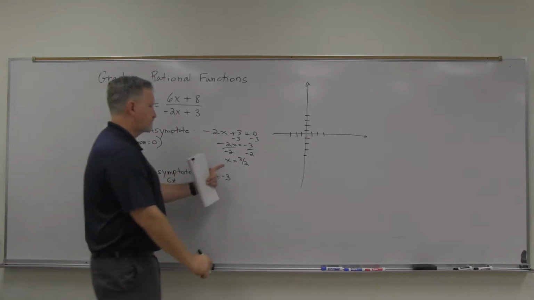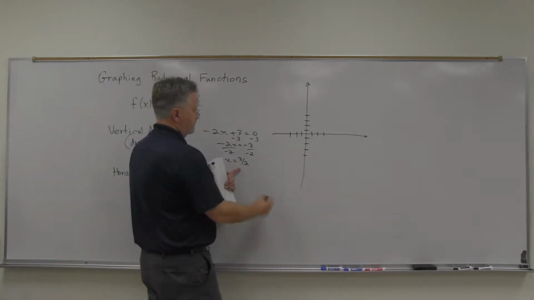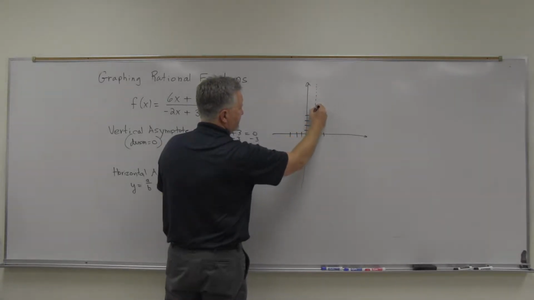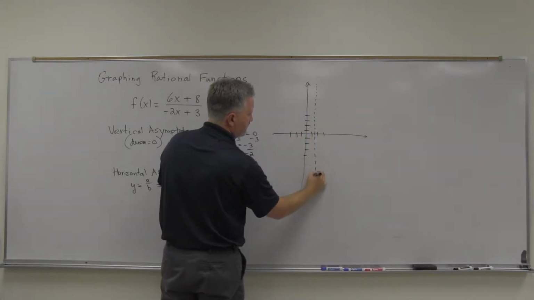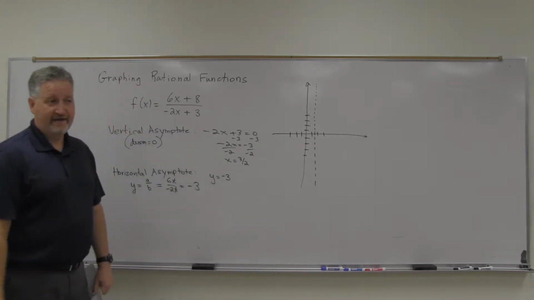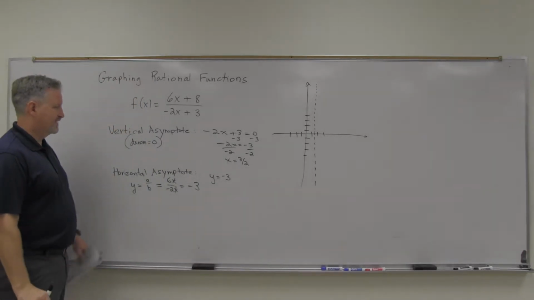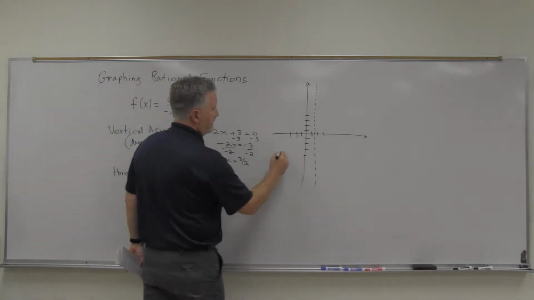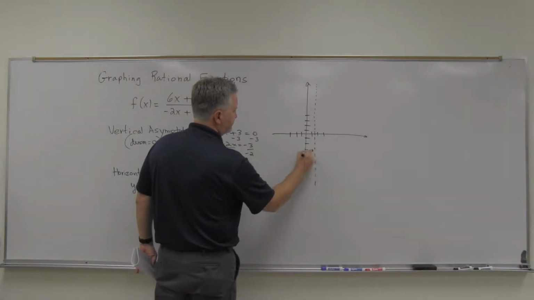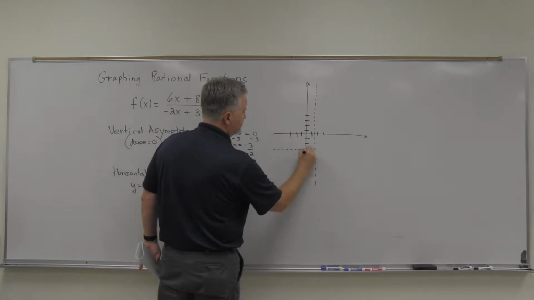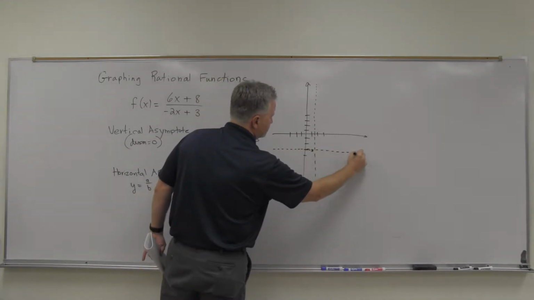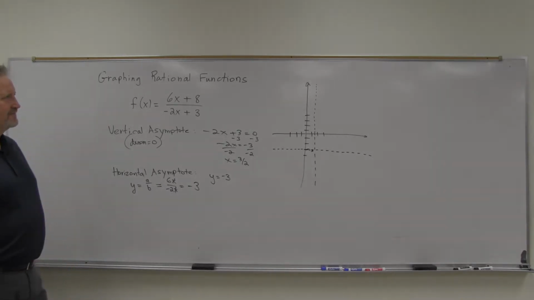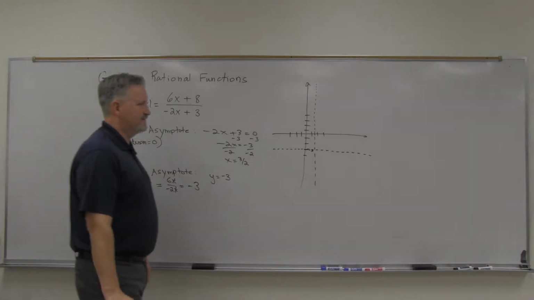Okay, so the vertical asymptote is 3/2, which is 1.5, which is here, so we're just going to put a vertical dotted line through 3/2. X is 3/2, 1.5. And then a horizontal asymptote, so that's going to be a horizontal line at negative 3, the y value negative 3. Like I said, we'll discuss more about what that will mean to the graph here in a second.